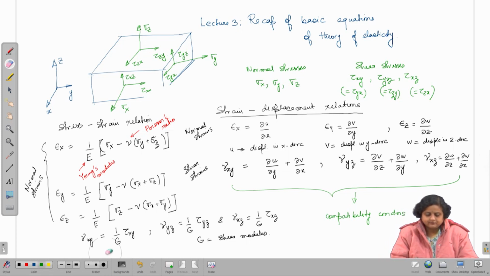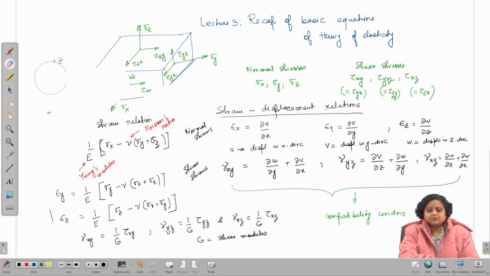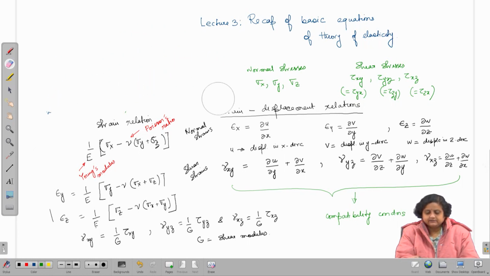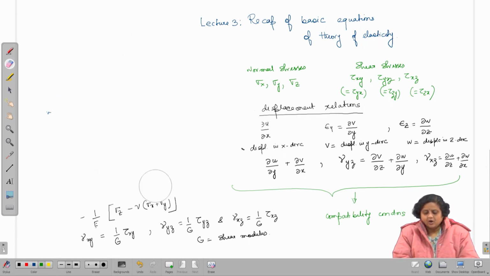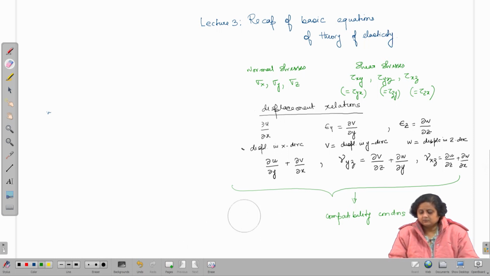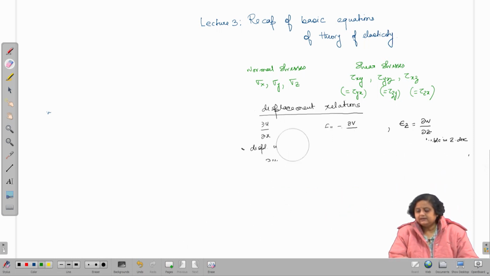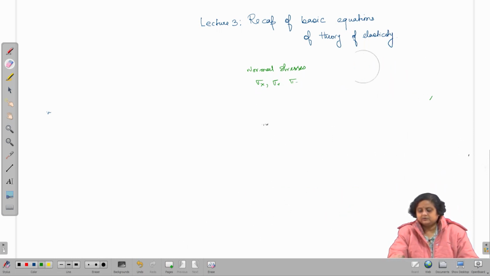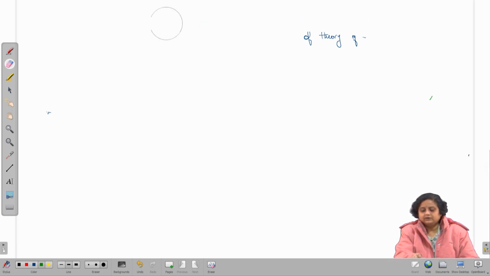Most of you have studied the problem of torsion of a shaft with circular cross section in previous courses, in any solid mechanics course or structures course.